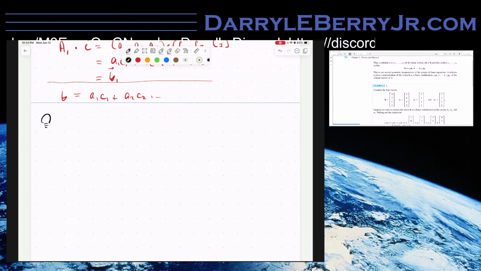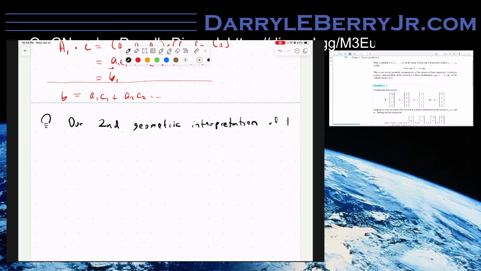It says our second geometric interpretation of the system of linear equations.